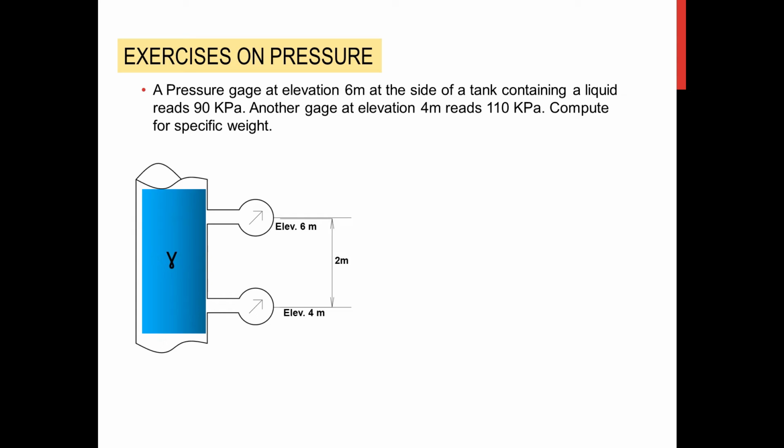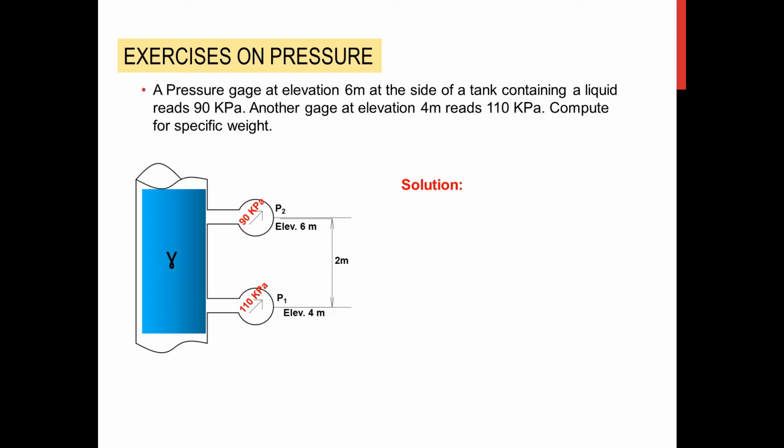That will be equal to 2 meters. So at elevation 6 meters, we have a reading of 90 kilopascal. And at elevation 4 meters, we will be having a reading of 110 kilopascal. We denote this as P1 and that other one is P2.